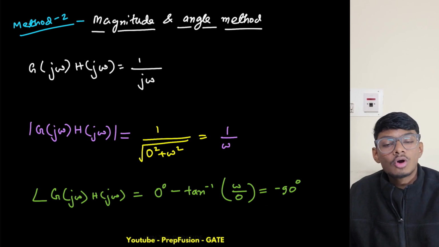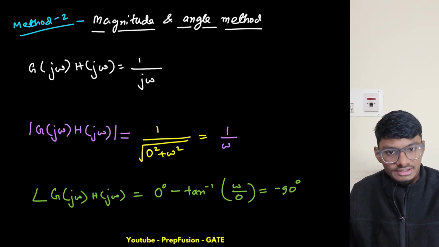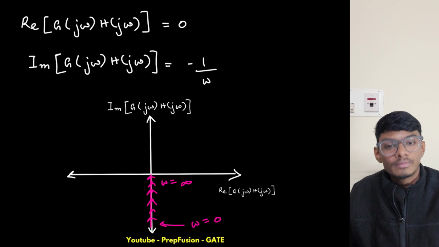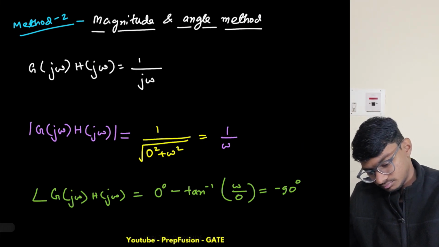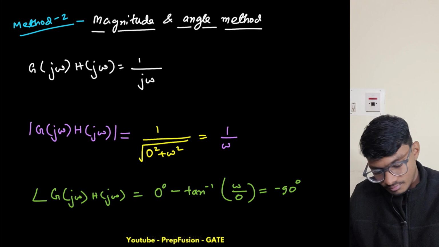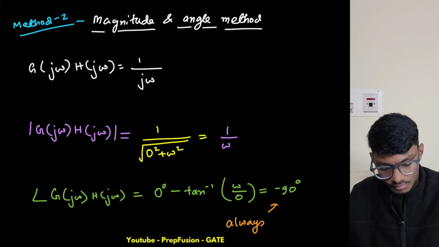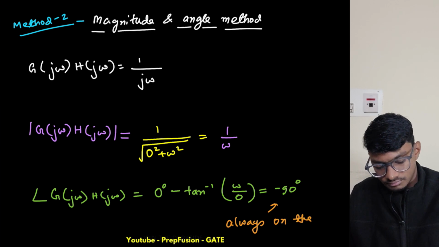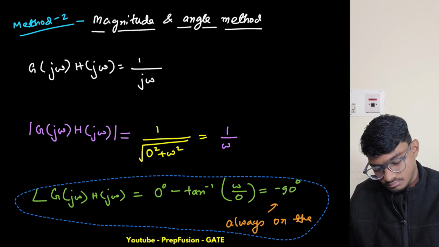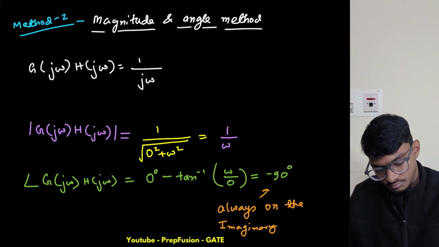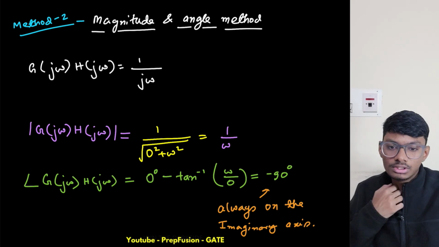So my angle is always minus 90 degrees, hence it will always lie in the negative imaginary axis, always in the imaginary axis basically. Okay, so this is this one.